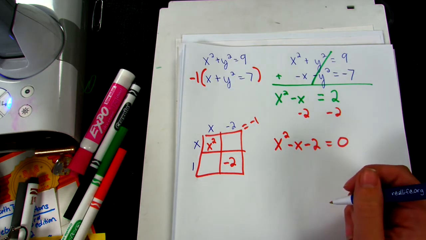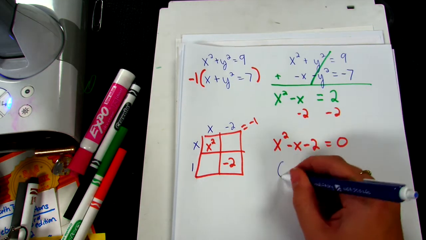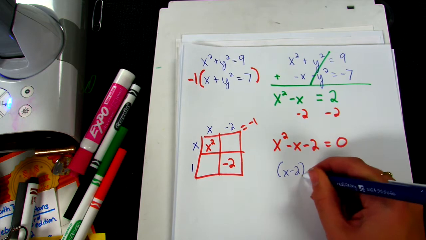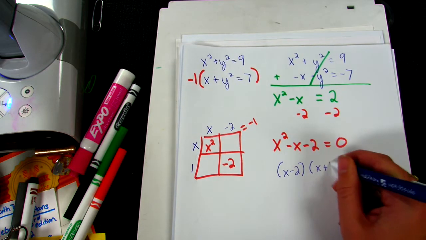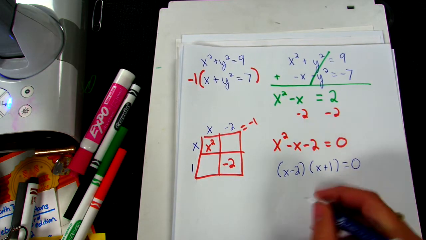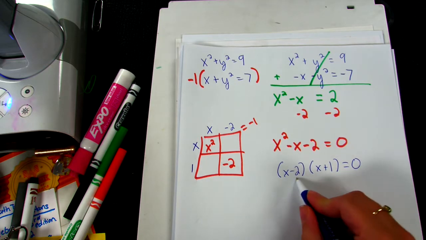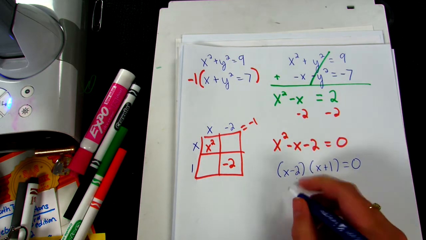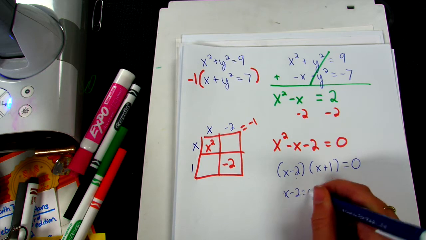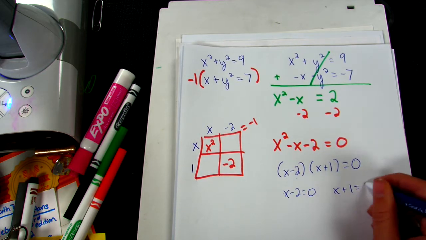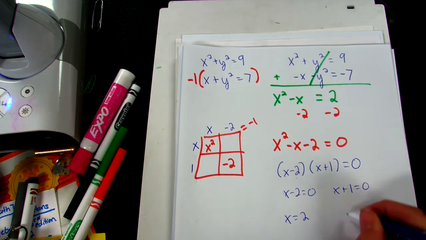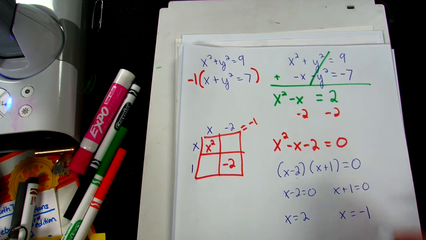All right, so there we go. So we have our two factors. We have x minus 2, x plus 1 equals 0. So x minus 2 equals 0, or x plus 1 is equal to 0. So x is equal to 2, or x is equal to negative 1.